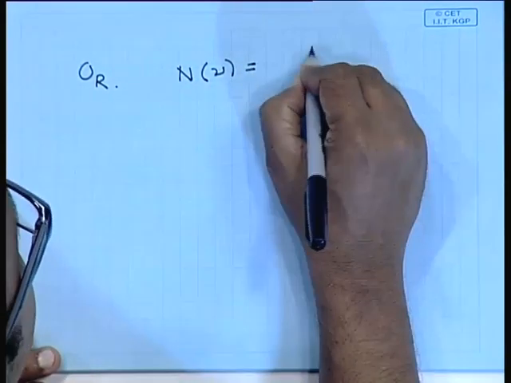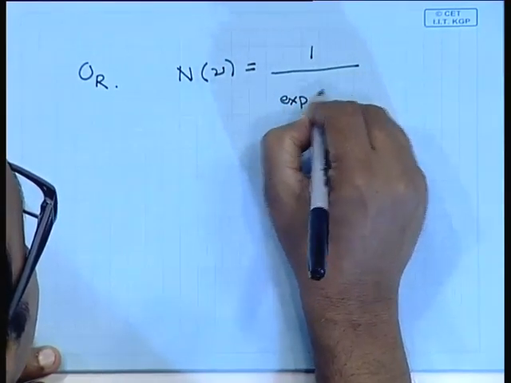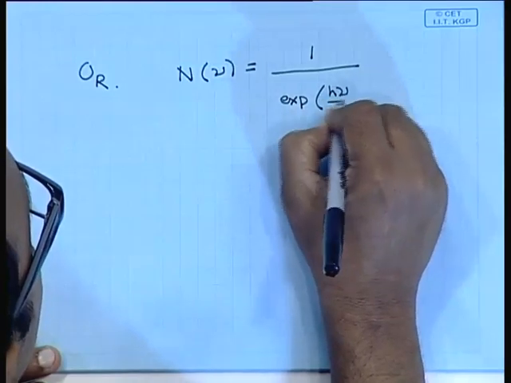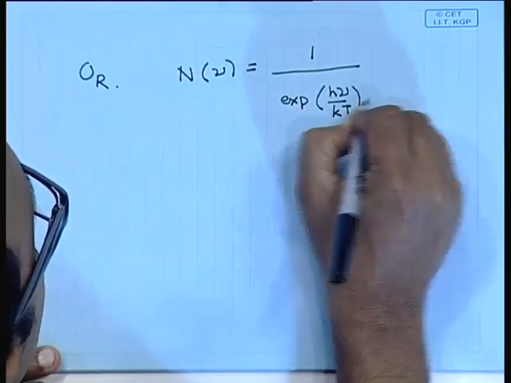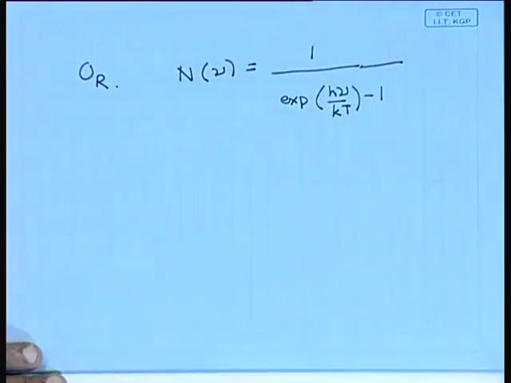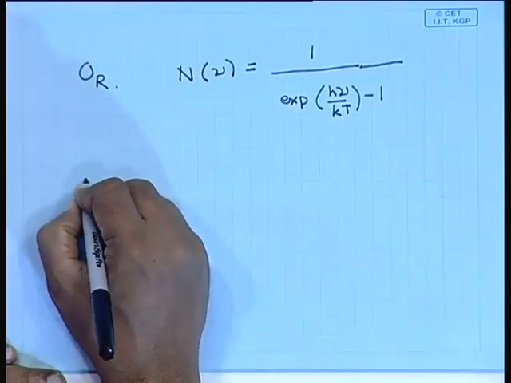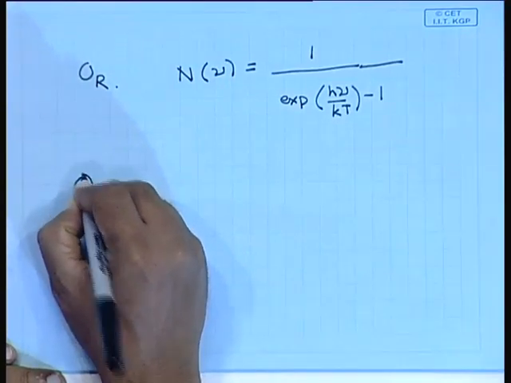We know that this is 1 by exponential h nu by k T minus 1. Now, what is going to be the occupation number for the observer O?